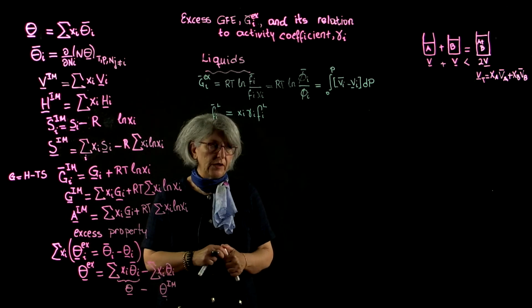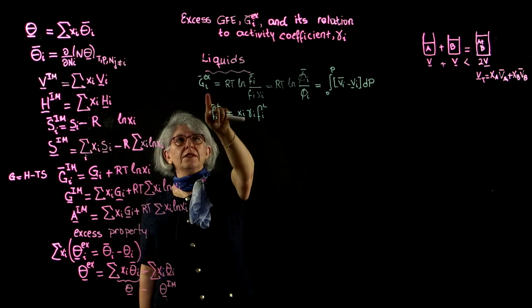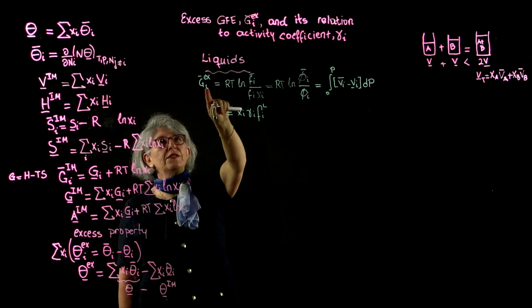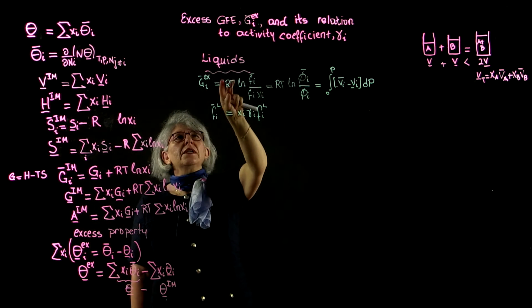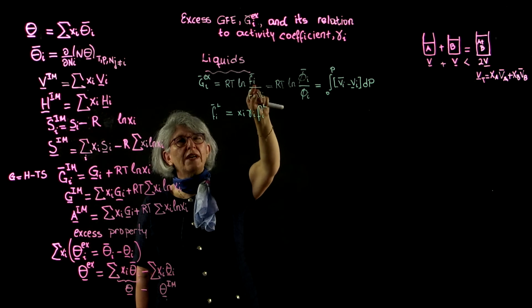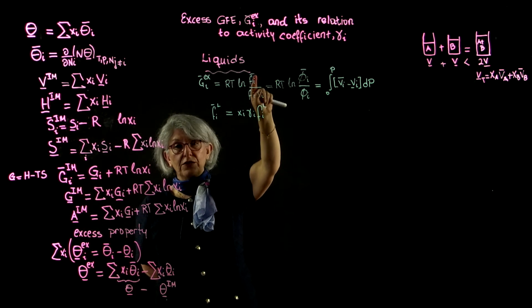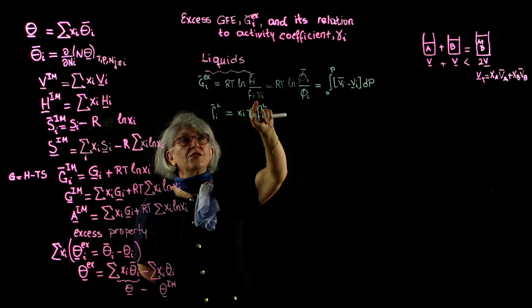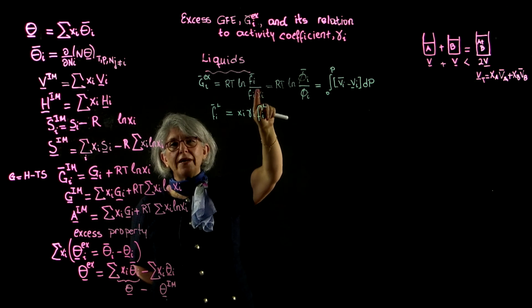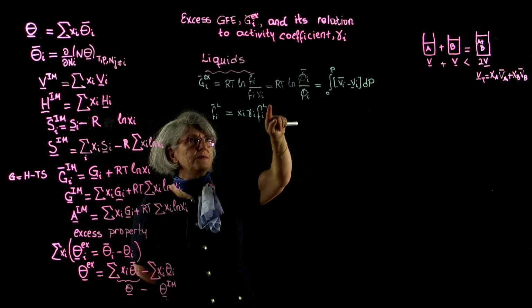So now on a clean board, let's reiterate our derivations. Partial molar excess Gibbs free energy is derived as RT ln of the fugacity of component i in a mixture divided by the pure component fugacity multiplied by its mole fraction.